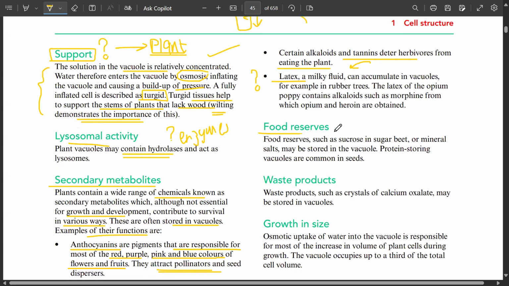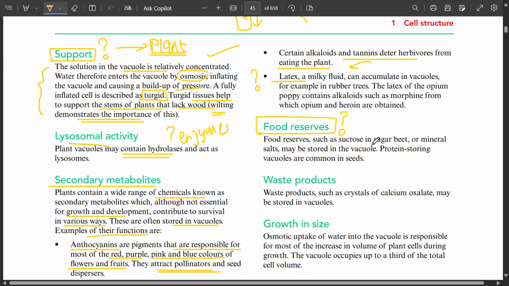Moreover, food reserves. Where does the food come from, which the vacuole is storing? Like the glucose, like the starch. Where did the glucose come from? Photosynthesis. Exactly. Photosynthesis takes place, glucose is formed, glucose is converted to starch, starch is stored in vacuoles.